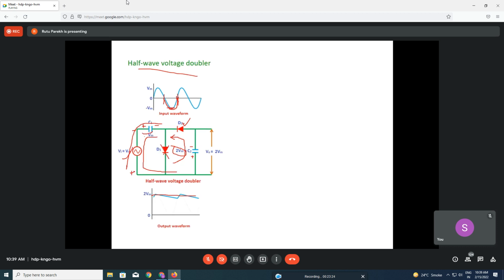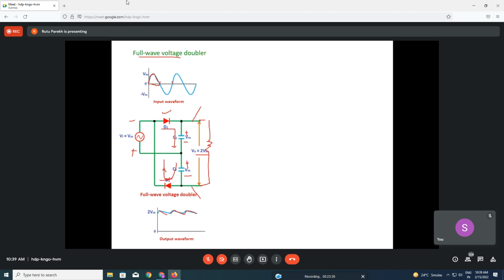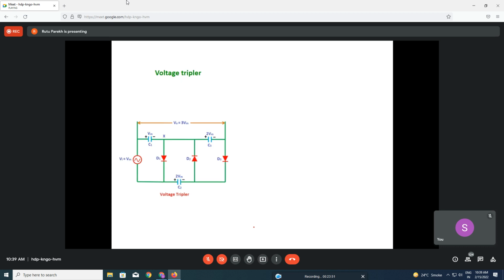In the earlier case it happened once per cycle; here it happens twice in one cycle. In the first half this one is charging, in the second half the other is charging. Every half cycle the charging and discharging is happening, and that's why this is a full wave voltage doubler, and you get this kind of waveform.